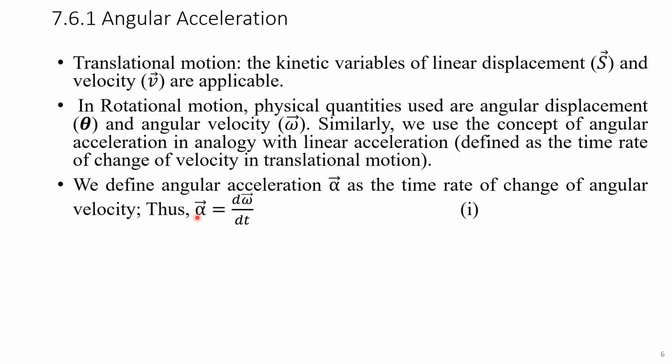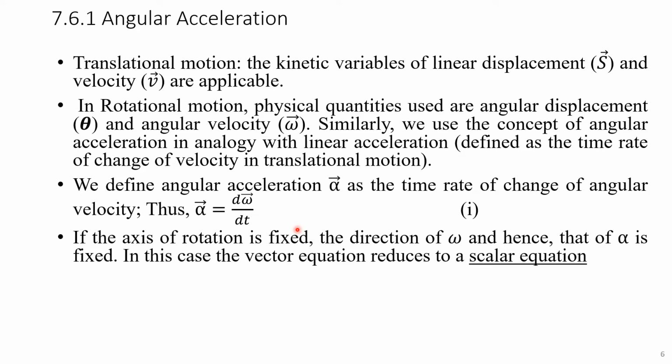Thus, angular acceleration vector alpha is equal to d omega by dt, that is the rate of change of angular velocity. Let it be equation 1. If the axis of rotation is fixed, the direction of omega and hence that of alpha is fixed.